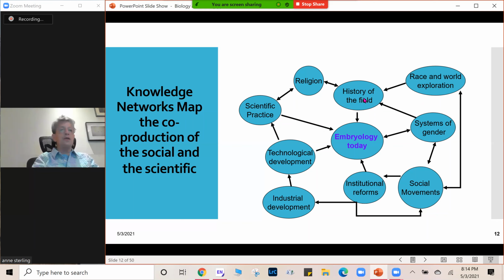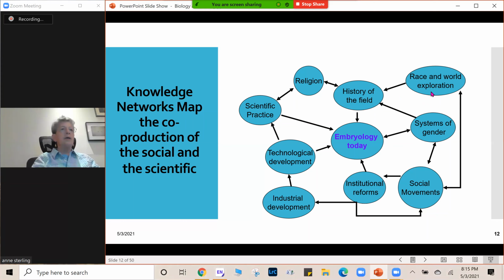The history of the field in general obviously contributed to embryology today, and the history of the field is in itself influenced by the early explorations and scientific discoveries, which led to the ability to make comparisons between different animals, because as Europeans traveled for colonial purposes throughout the rest of the world, as they were busy colonizing the world, they were also collecting what seemed to them strange specimens, which they brought back to Central European capitals, where they became objects of scientific study.